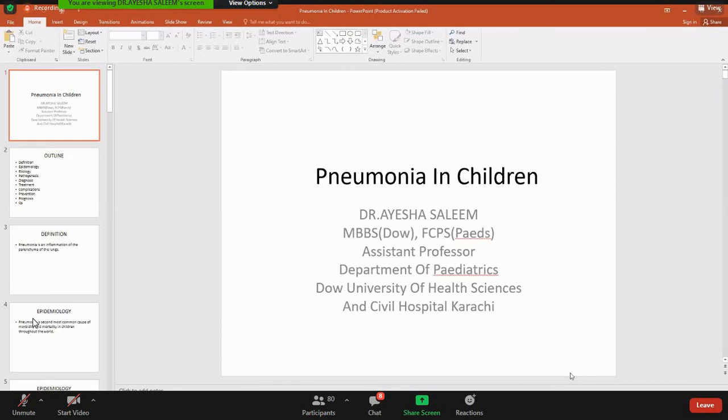The treatment depends. We cannot outline the same treatment for every patient. Treatment depends on the child's clinical status. Some patients need oxygen support only, or respiratory support. So it all depends on the clinical status of the patient.